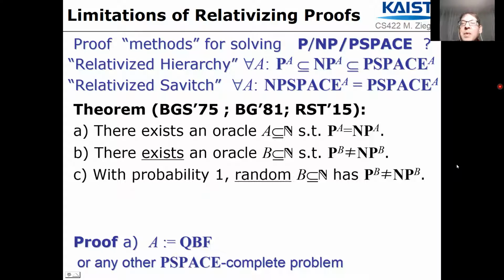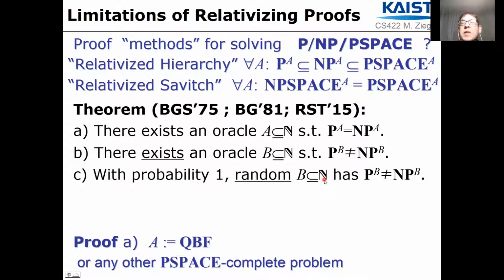Then P with the empty set as oracle is the same as P, and similarly NP with the empty set oracle is the same as NP. But the empty set oracle is just one oracle among uncountably many possible oracles, right? So the space of all possible oracles is the space of all subsets of natural numbers, of which we initially saw that they are uncountably many.